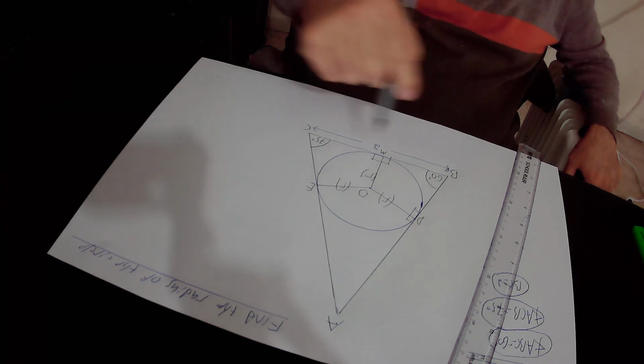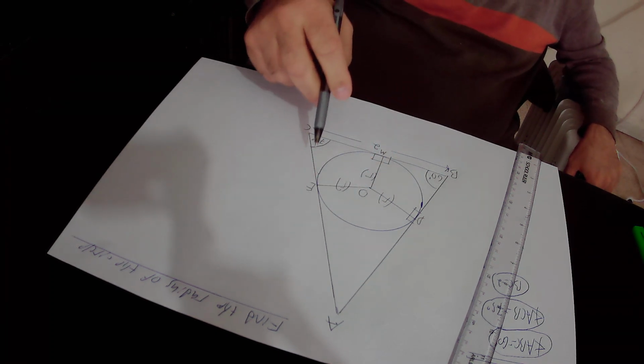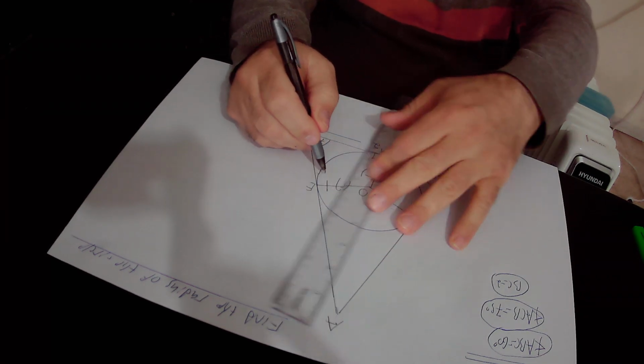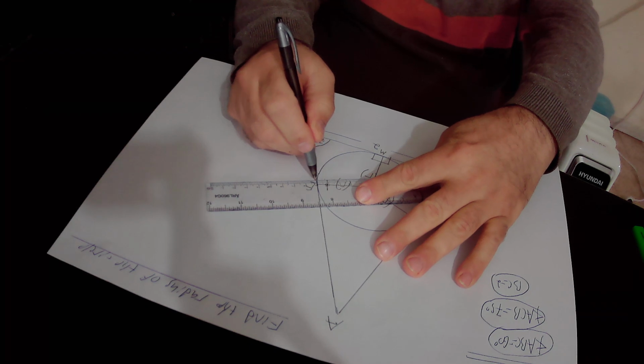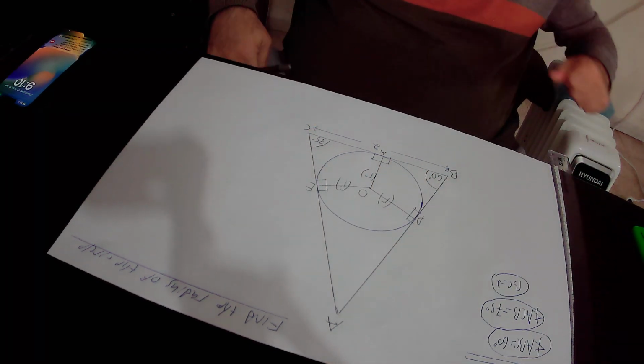Whenever you have a radius that is drawn to the point of tendency, then tangent AC will be perpendicular to the radius EO. That is to say, this angle equals 90 degrees, and this angle also equals 90 degrees according to rule number 1.